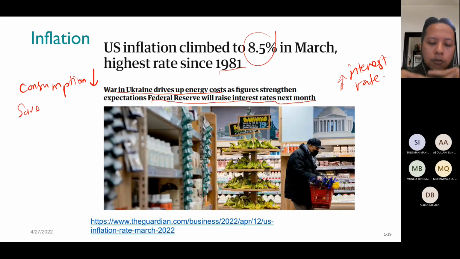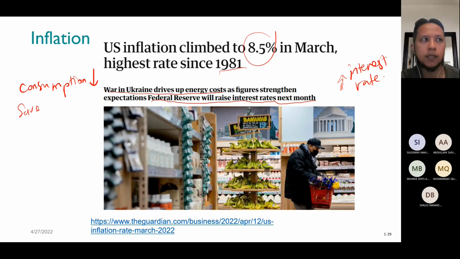Okay, so that will also affect the currency rate and also affect our inflation rate in Malaysia, because these are interrelated factors. So it's something that you have to be aware of, especially if you are interested in investing in the capital market, for example, and interested in economic situations, right?